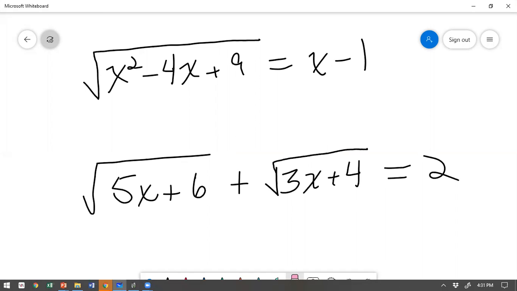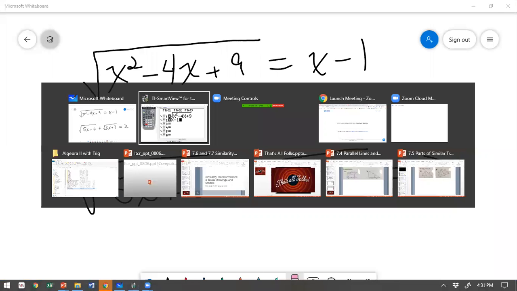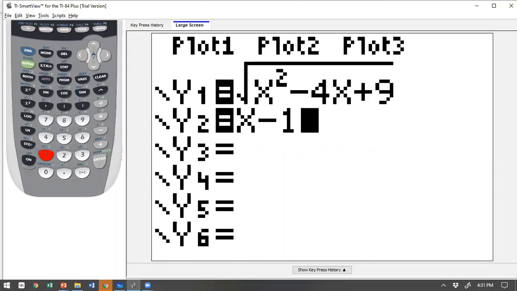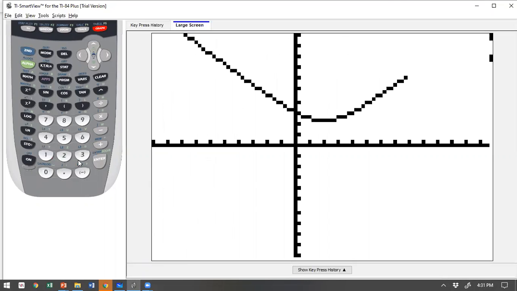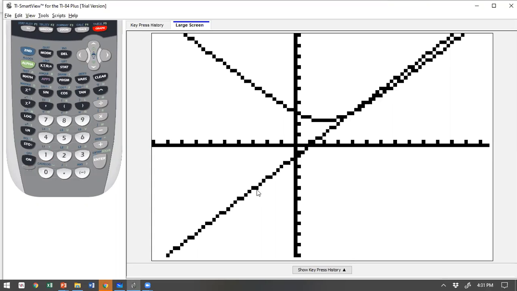Now, some people will try to put this on two separate equations and then graph this and see where the graphs meet. So there's the square root of x squared minus 4x plus 9 and this x minus 1.